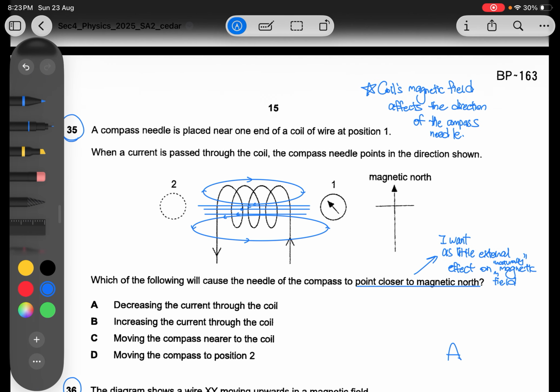I want this solenoid to not affect it at all. So how do I make a solenoid not affect it at all? I make it a useless solenoid. So what is the best way to make it a useless solenoid? It is to decrease the current so that the magnetic field will be less strong. Because of that, it will affect the compass less, and the compass will just point directly to the magnetic north.